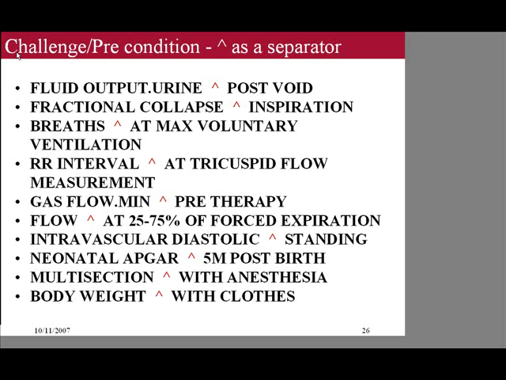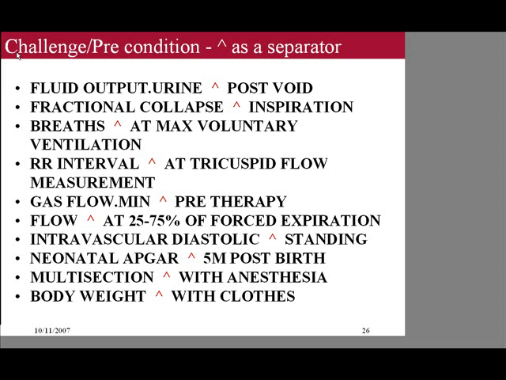So it's a post-void urine measurement, or it's fractional collapse on inspiration, where it's the number of breaths at maximal voluntary ventilation, where it's gas flow in respiratory therapy charting, but it's the pre-treatment or pre-therapy gas flow, post-therapy, and all that sort of stuff. So there's a fair amount of detail that you can put in here if you need to distinguish important sub-variations of vital capacities or heartbeat or anything.